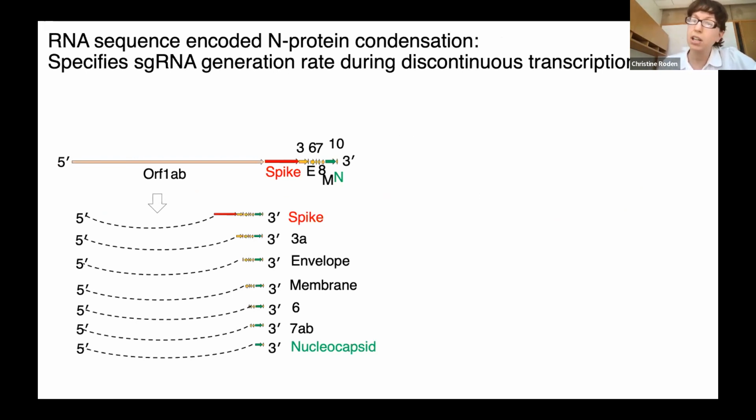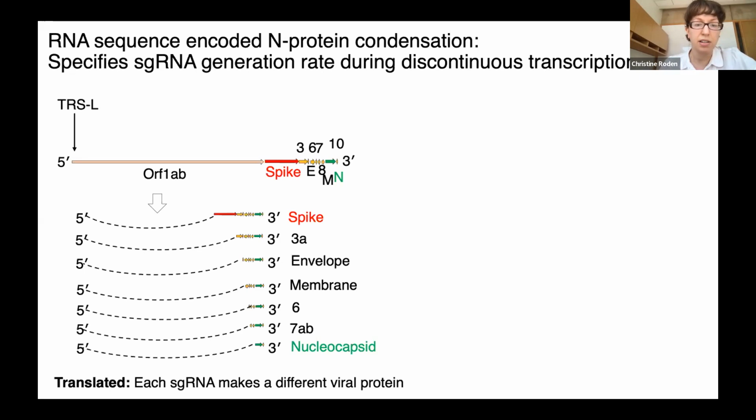SARS-CoV-2 organizes its genome in a very interesting way, in that it's broken up into two chunks. One is ORF1AB, and the second is the structural proteins on the 3' end. And in order to generate the structural proteins, the virus needs to undergo discontinuous transcription, where they make these subgenomic RNAs, or sgRNAs, each of which is translated to make a different viral protein.